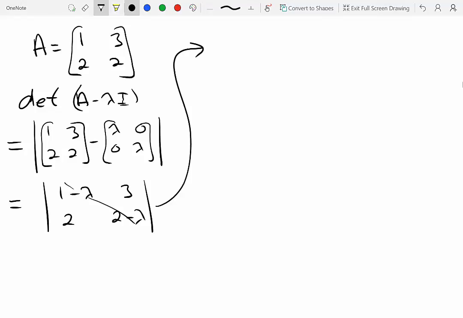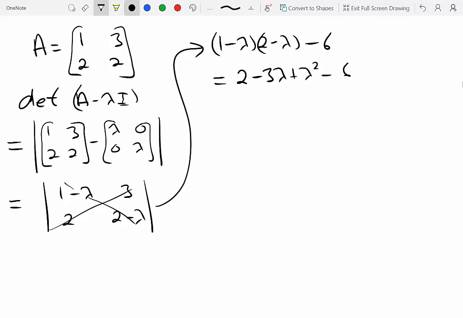I multiply down the main diagonal, so I would have 1 minus lambda times 2 minus lambda, minus what I get multiplying the off diagonal, which is 6. And then multiply that out, so that would give me 2 minus 3 lambda plus lambda squared minus 6. And I could write that as a polynomial, which is lambda squared minus 3 lambda minus 4.